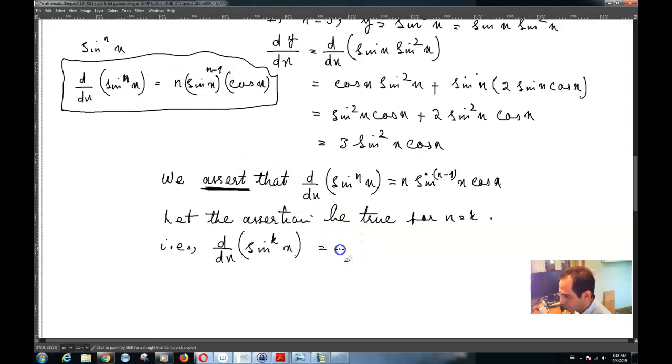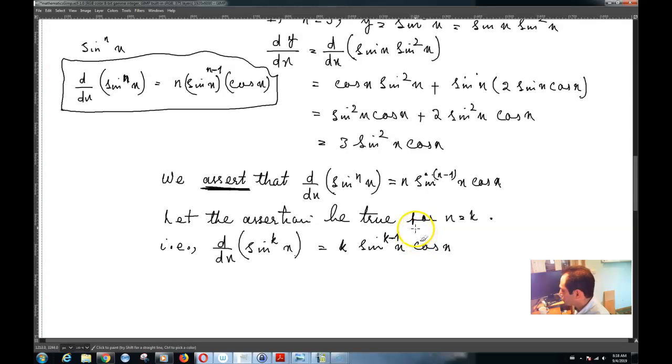So over here I can write k times sine raised to the power k minus 1 of x times cos x.